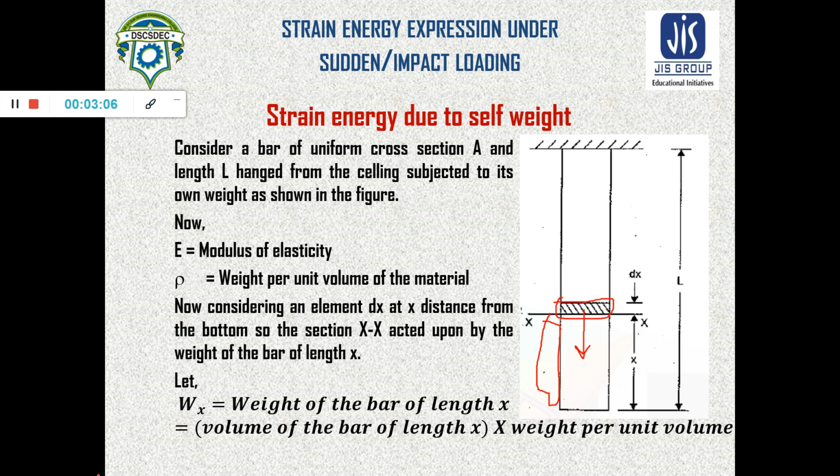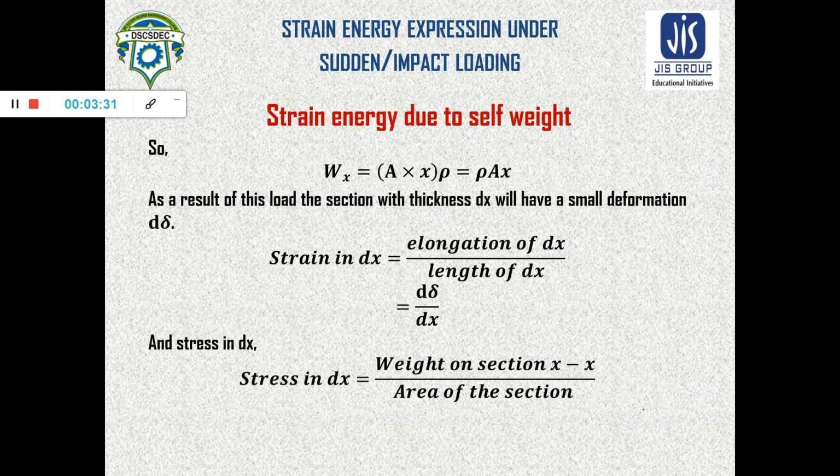times the weight per unit volume of the material. Now we know the volume can be written as area into length, that is A into x, and rho is the weight per unit volume.